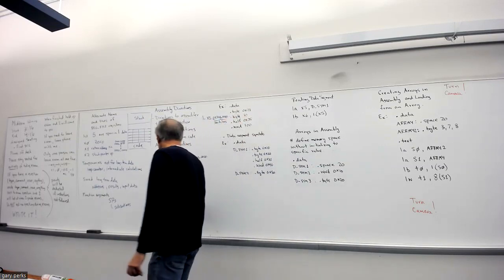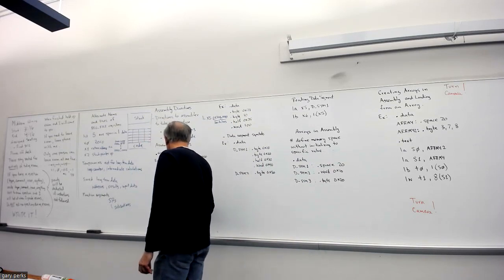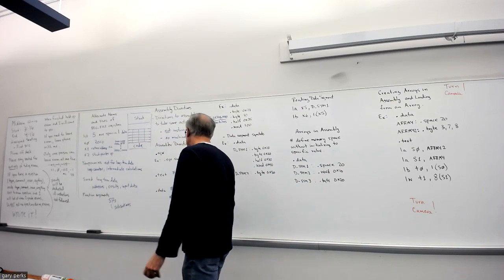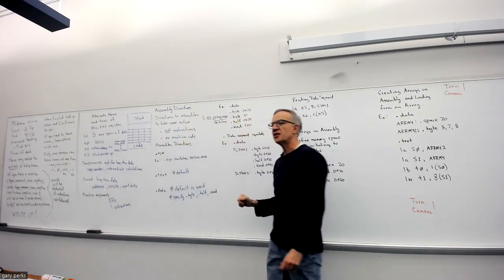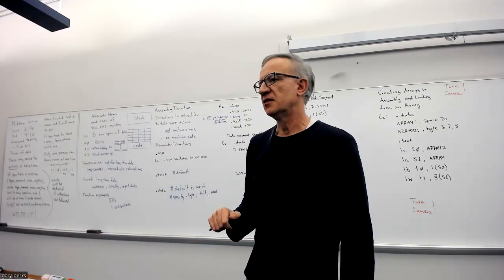You can specify if it's a byte by putting .byte. You can specify a half word with .half. And you could also specify a word if you want to, although that's the default that we just talked about, but you can put .word. So when you type that in, would it be .data space .byte?